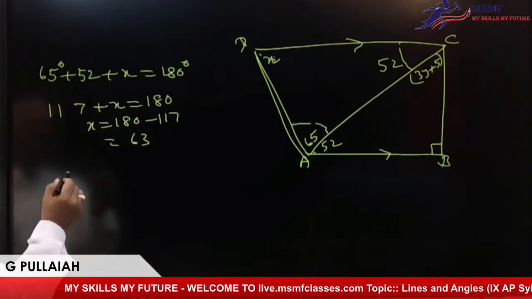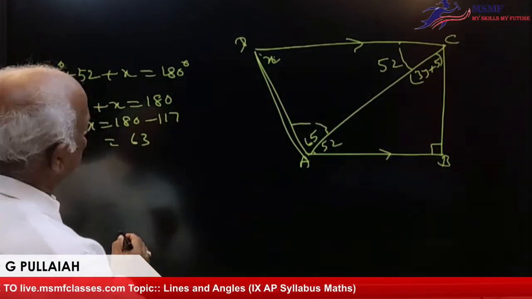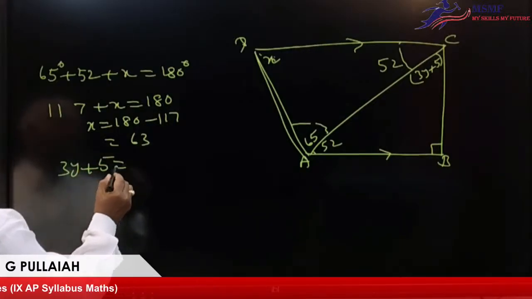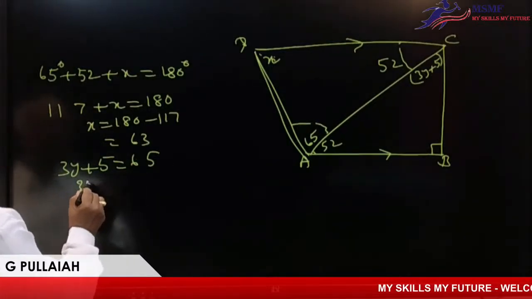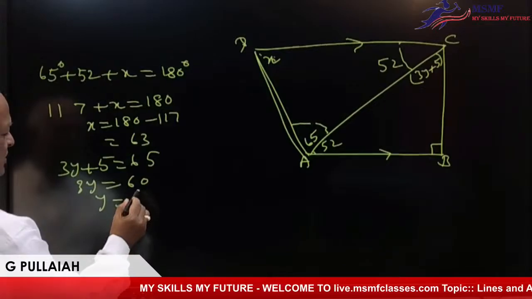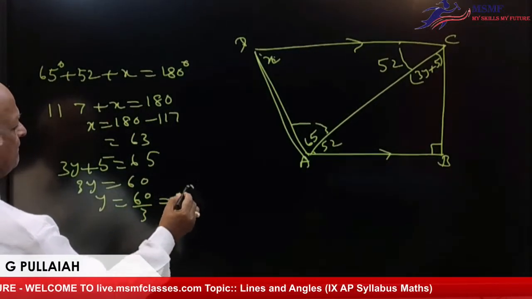So now we can say 3y plus 5 is equal to 65. So 3y is equal to 60 and y is equal to 60 by 3, that is 20 degrees.